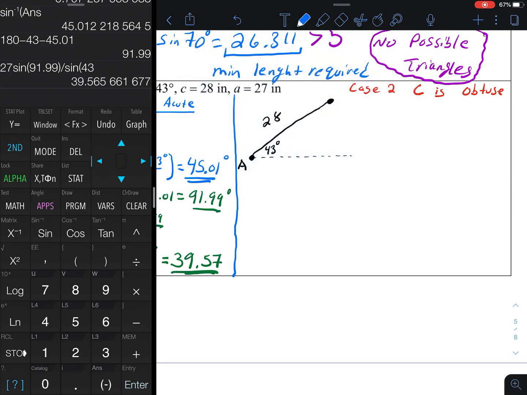All right, and so I'm going to make this a little bigger. The altitude that we drew here was H. So this here is H. It's not part of the triangle, but just that way you can see. Acute angle A fell to the right-hand side of that altitude. It fell somewhere over here. But obtuse angle C is going to fall somewhere on this left-hand side of that altitude.